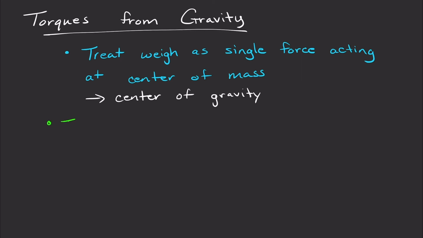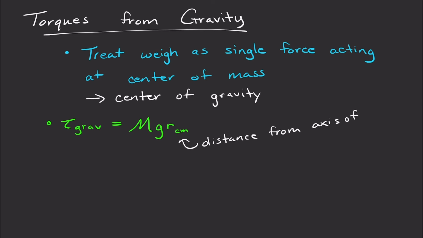And so the torque from gravity is equal to the total mass times the gravitational acceleration times the distance from, again, the axis of rotation, it's good to repeat this over and over so you don't forget, to the center of mass or center of gravity. You can kind of use those interchangeably.